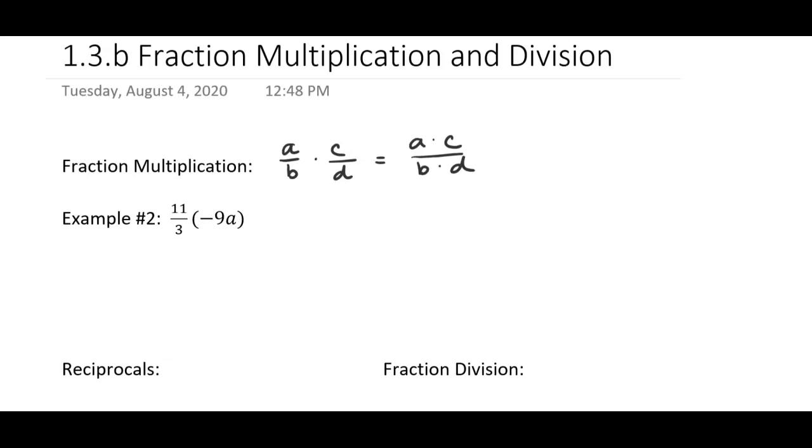All right, so in example 2 here, we have 11/3 times, and then in parentheses there's a negative 9a. You want to make sure you put that negative 9a in the numerator, so we're going to put it over 1.